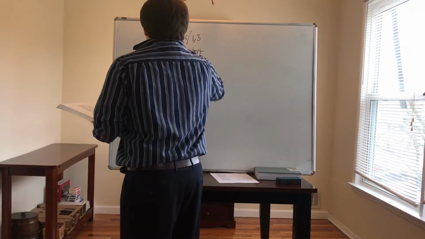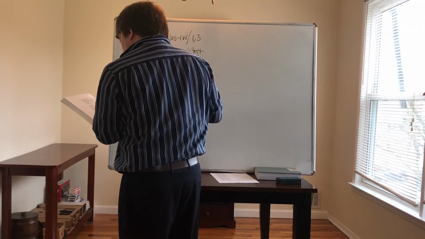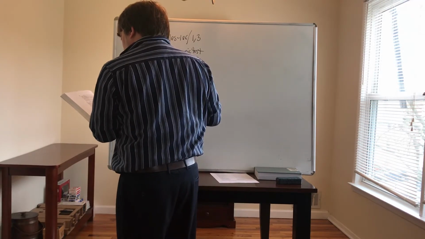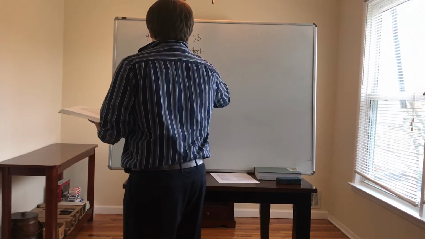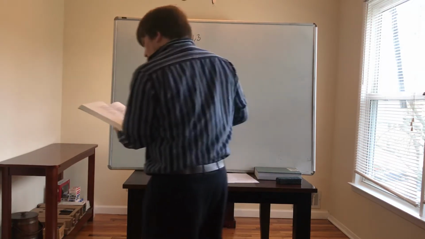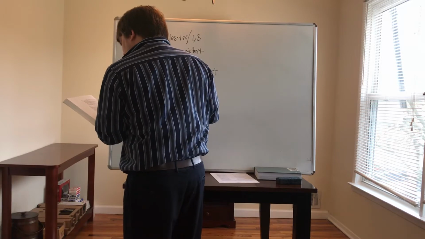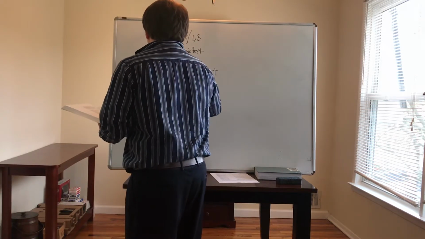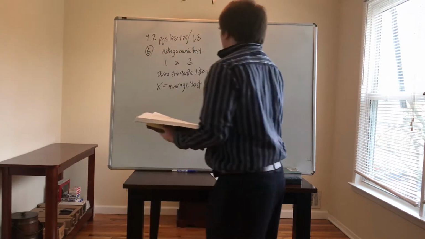Suppose that 3 students selected at random take this test and X is the average test score. So 3 students take the test. X is their average test score of 3 students.